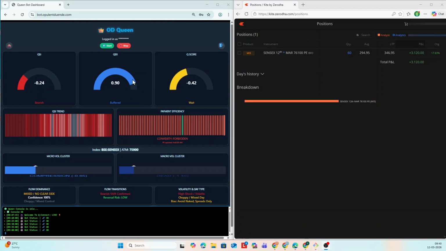This is still showing as buffered. As soon as we see a sign of breaking, a sign of weakness in this indicator, at least not fully buffered, but a little bit of weakness, at that point we realize that it's time for us to exit the trade.